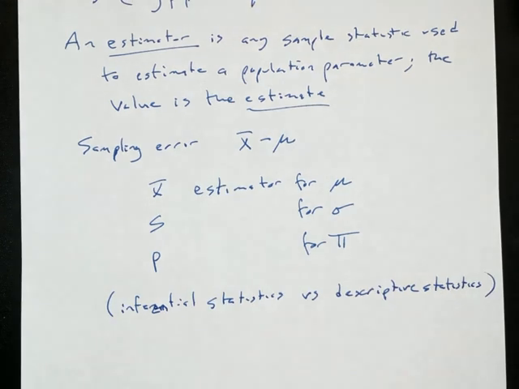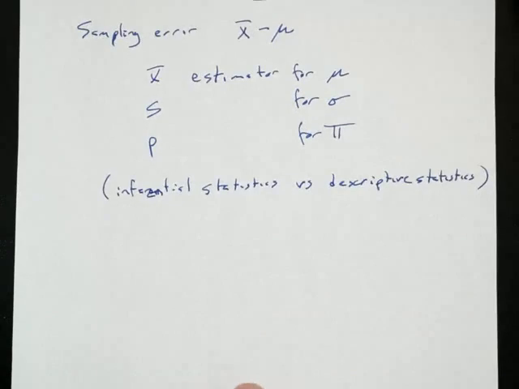So descriptive statistics describe this pile of information we already had. Inferential statistics attempts to draw a conclusion from the data we have about a larger group. And the process of estimating is usually referred to that way, inferential statistics.